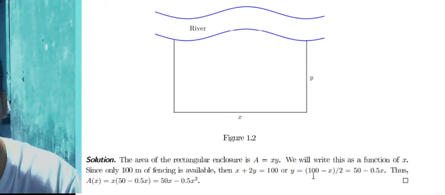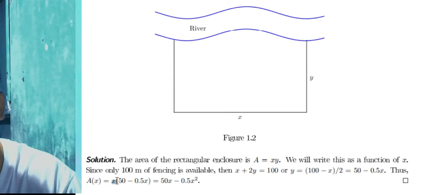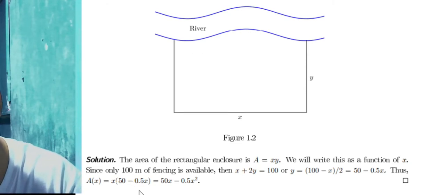Now if we put this value of y in the original problem, which is asking us about the area as a function of x, or A of x, that would be length times width, or x times y. So in every x, you're going to multiply it by 50 minus 0.5x.